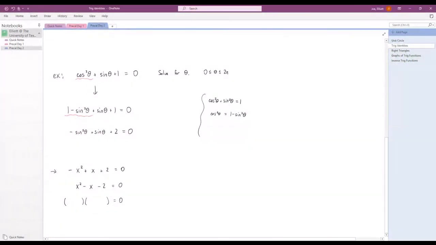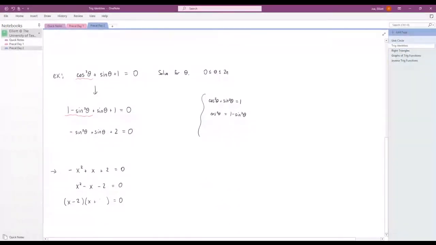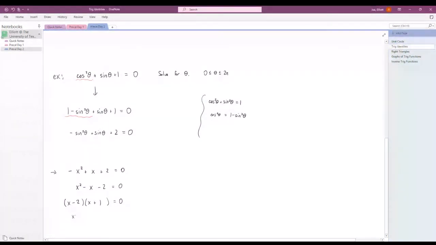If so, who can tell me how it factors? -2 plus 1. Okay, yeah, that's good. So that leaves us with x being equal to 2, or x being equal to -1.